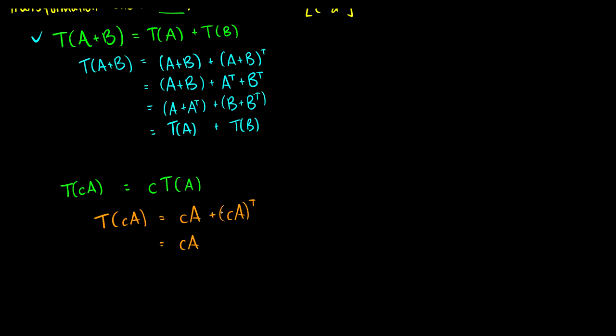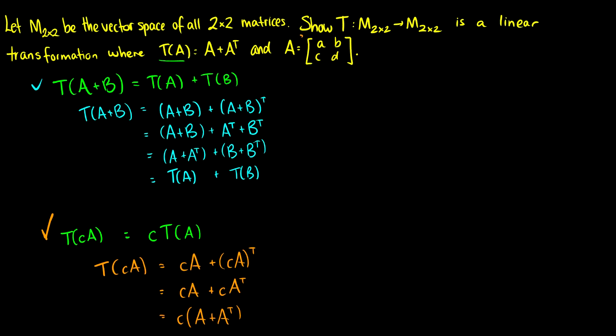We do the transpose, so we can factor out the C and then have A transpose. Then we can factor out the C from both of these, and we'll be left with A plus A transpose. And this is just the same thing as C times the transformation of A. So we've proven that both conditions hold, therefore this is a linear transformation. So, was it even necessary to define this? No, doesn't matter. Okay, that's the first part.